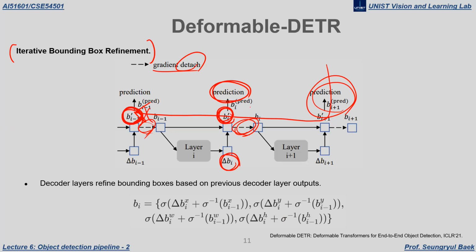So by detaching these layers, we do not have to flow the gradient to the first layer. Instead of that, we can flow gradient for the current layers, okay? So they are saying that this is helpful for simplifying the training, okay? Anyways, they iteratively refine the bounding box at each layer's output, okay?